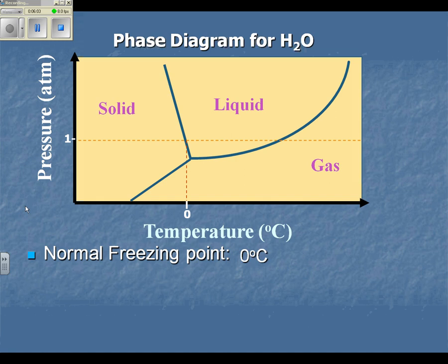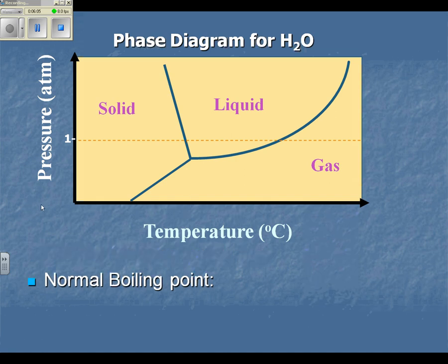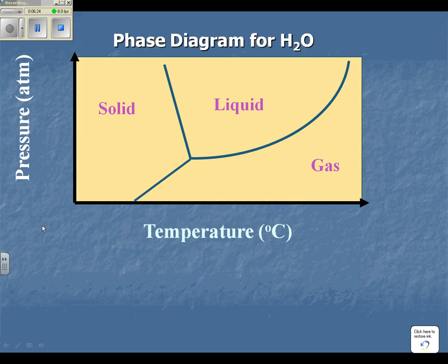Now, if we're talking about normal boiling point, again, you deal with 1 atmosphere pressure or standard pressure, and you're going to go all the way over here to the liquid-gas line, because that's where boiling happens. And then go down, and that's going to tell you your normal boiling point. It's 100 degrees C. Triple point for water, just interesting little facts.